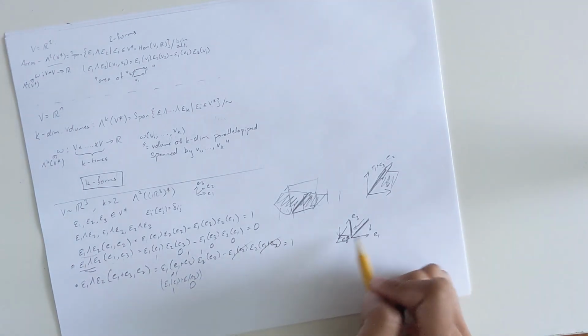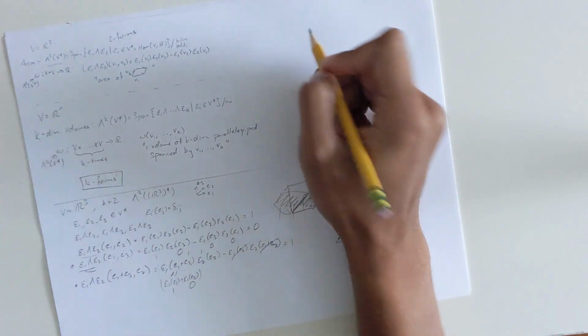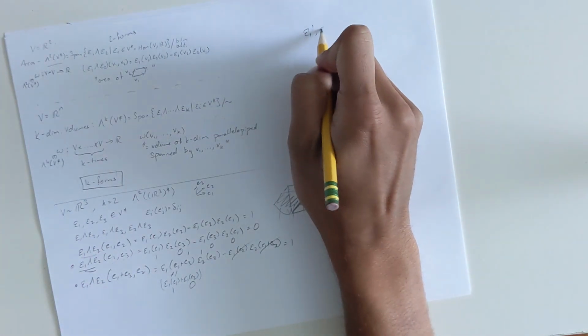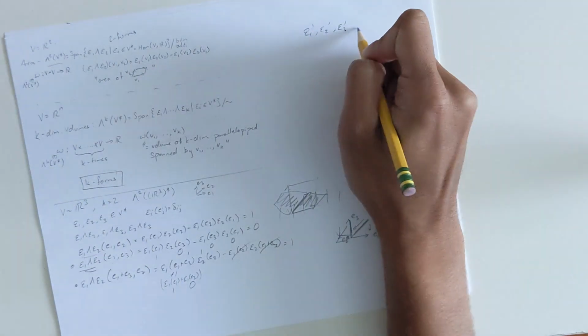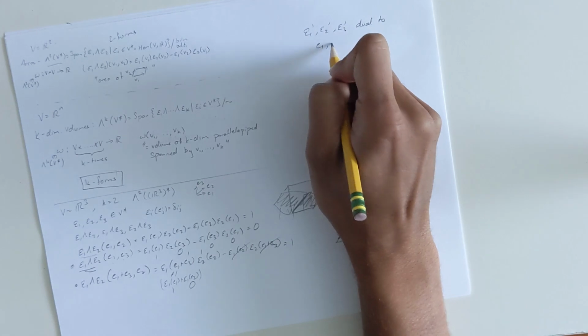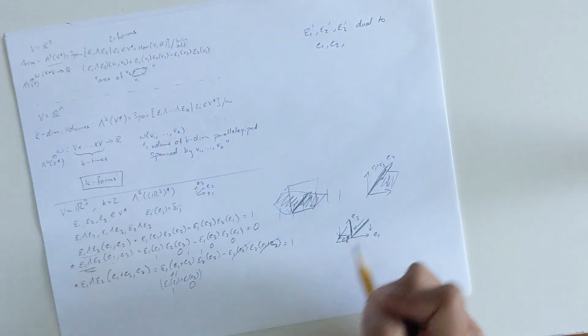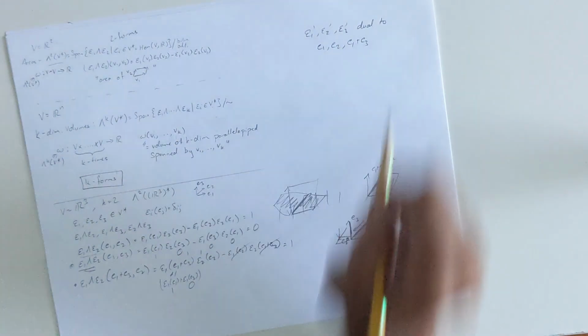So in this case, if we're projecting down along this diagonal, then what that would really be doing is taking epsilon 1 prime, epsilon 2 prime, and epsilon 3 prime, and that would be dual to these three vectors E1, E2, and this third one, which is E1 plus E3.